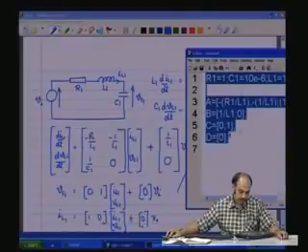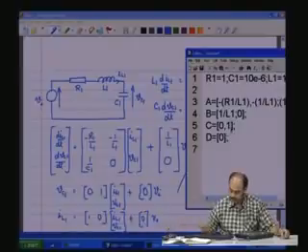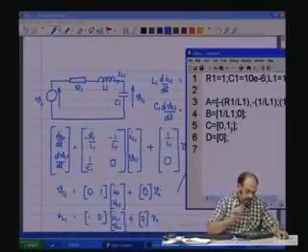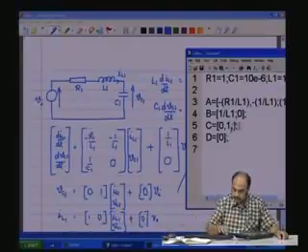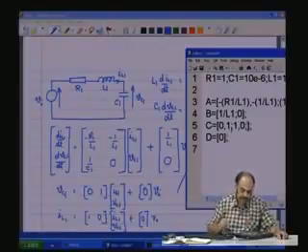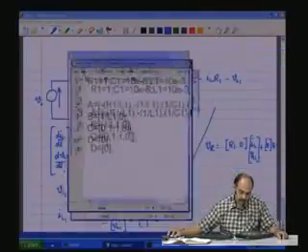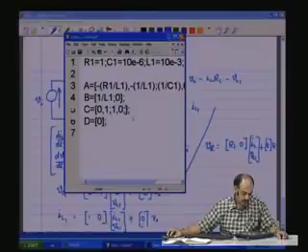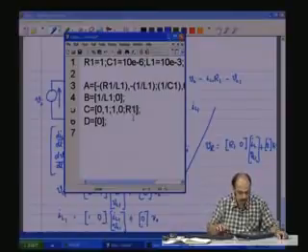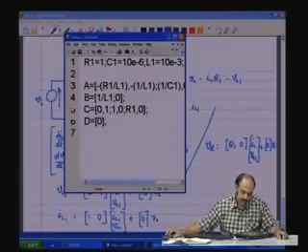The output equation would be 0, 1 if you want to see VC1, it would be 1 comma 0 if you want to see IL1, and it will be R1 comma 0 if you want to see VR.